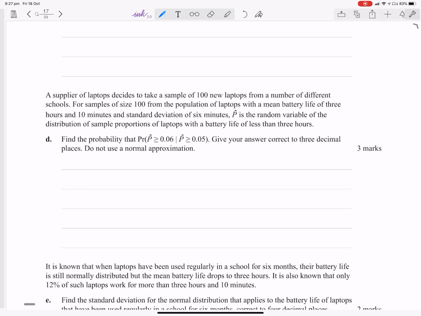Samples of size 100. So let's call it S for supplier, is normally distributed. No, it's not. It's binomially distributed. We've got 100 laptops.